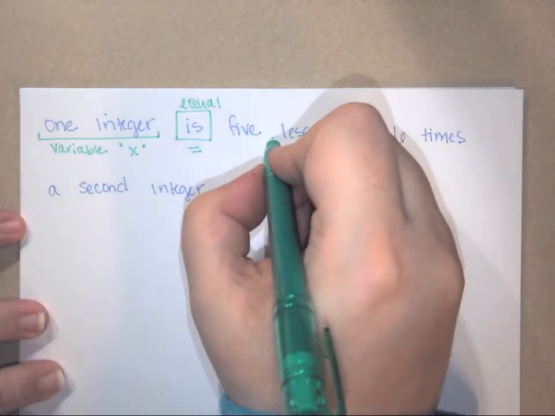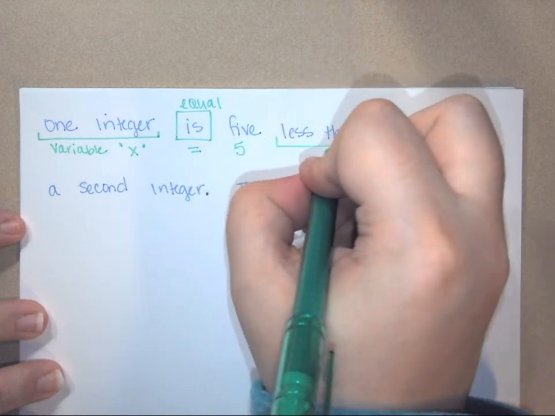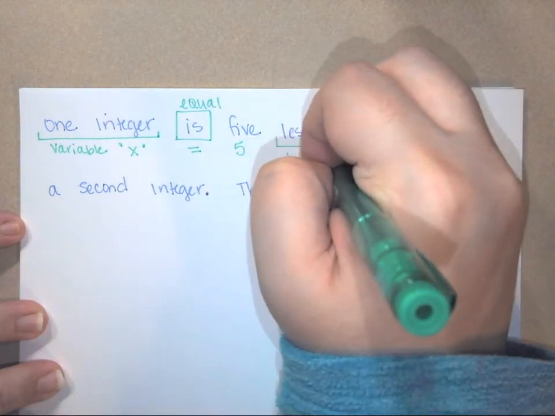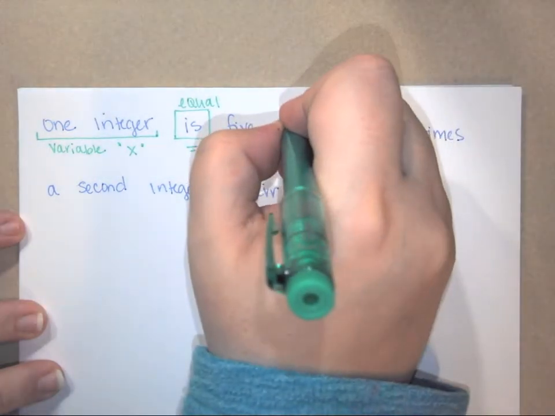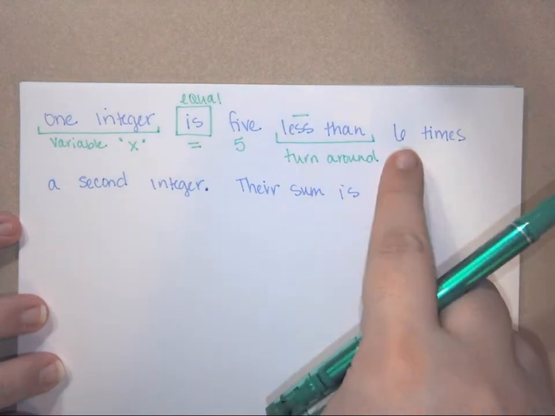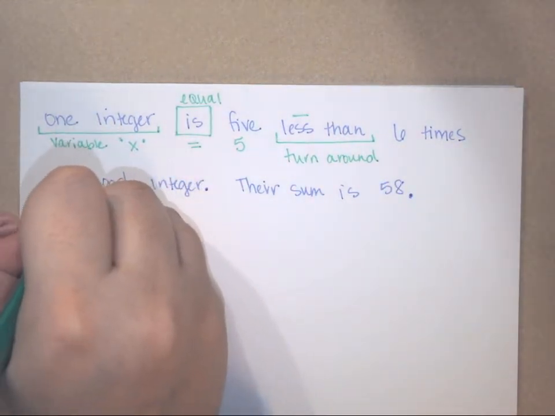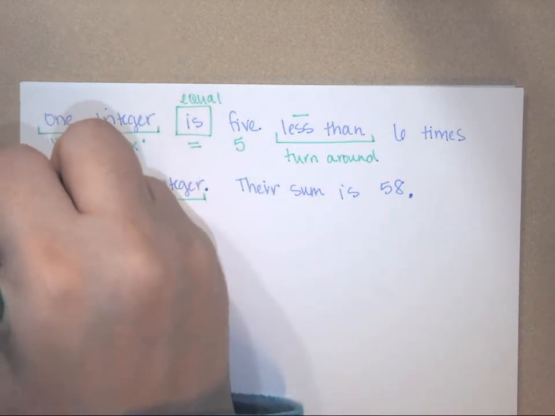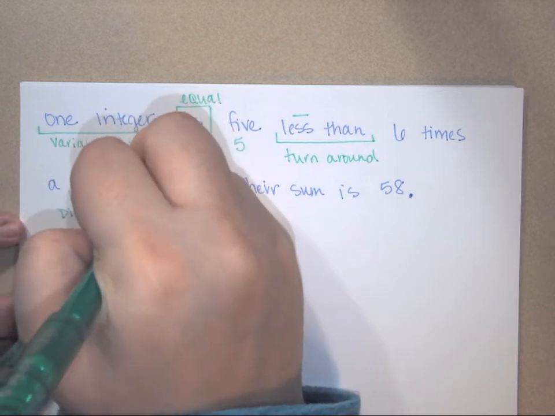And then I have 5. This right here is my turnaround phrase. Less means subtraction. So then I have 6 times a second integer. So where it says second integer, this means a different variable.